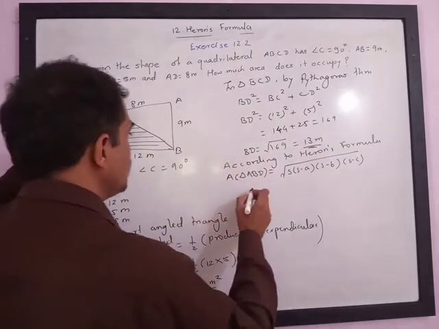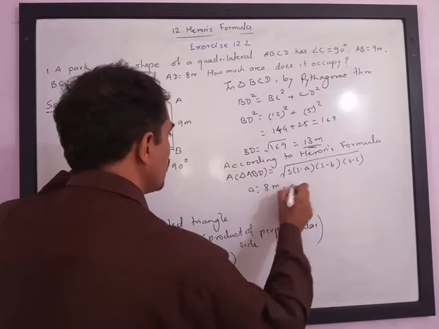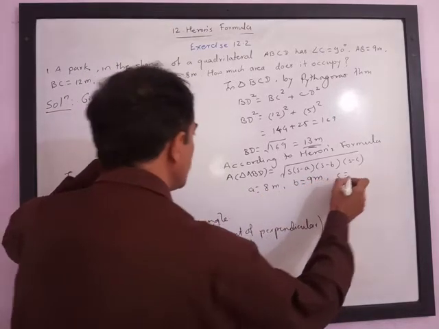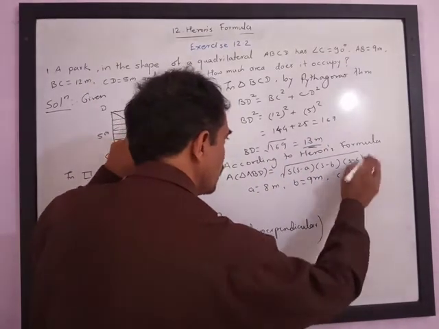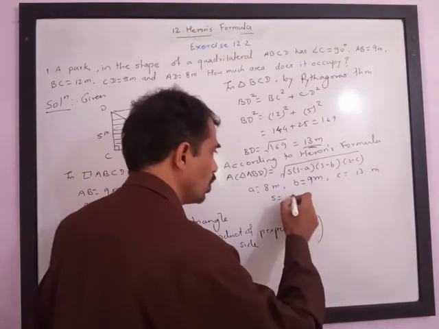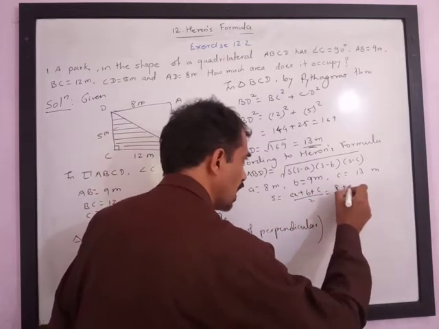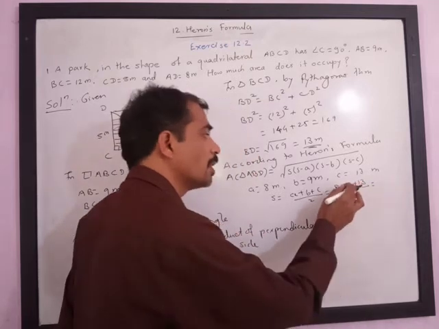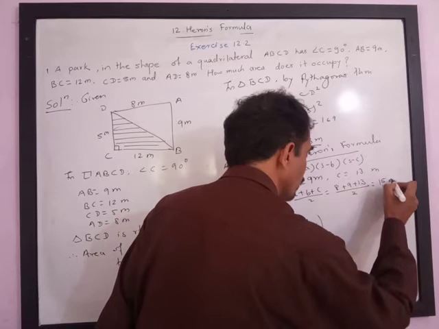So we have A equal to 8 meters, B equal to 9 meters and C equal to 13 meters, which we have just found. S is equal to A plus B plus C upon 2, that is 8 plus 9 plus 13 upon 2. 8 plus 9 is 17, 17 plus 13 is 30, upon 2, that is equal to 15 meters.